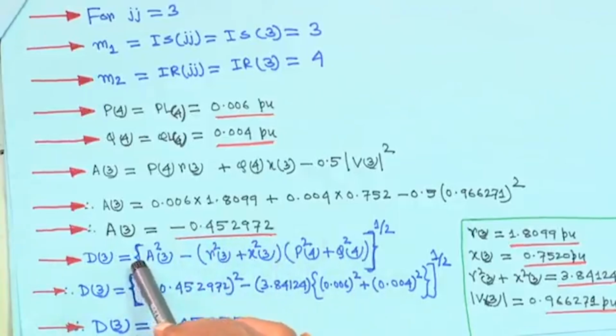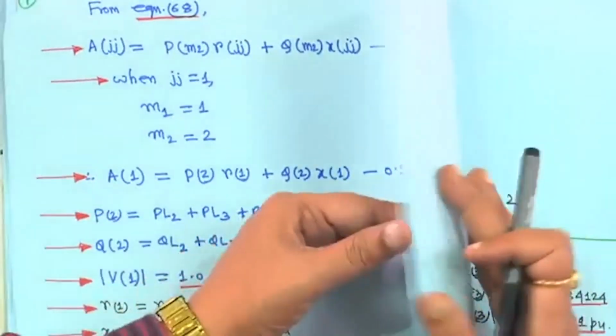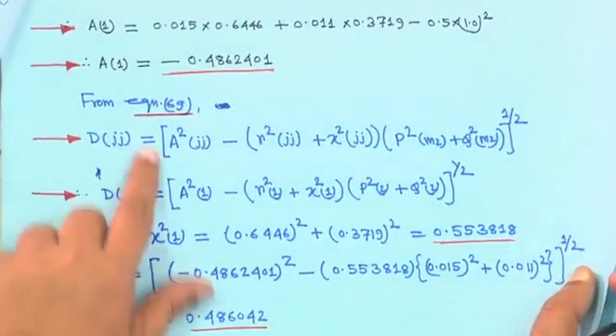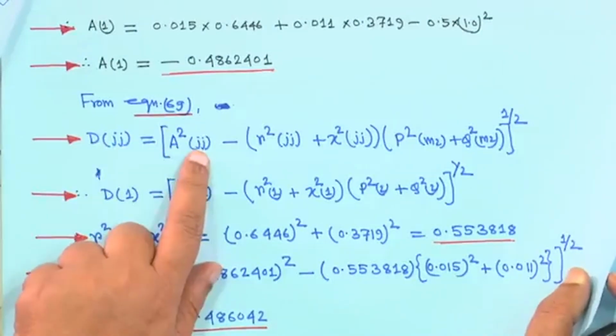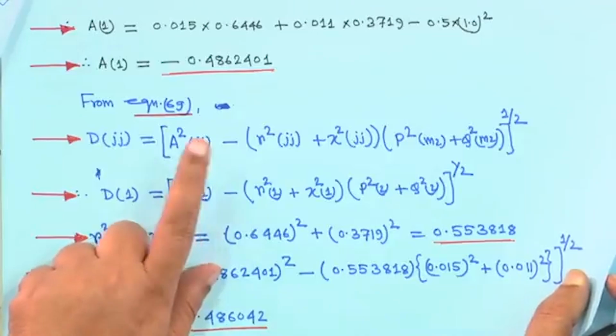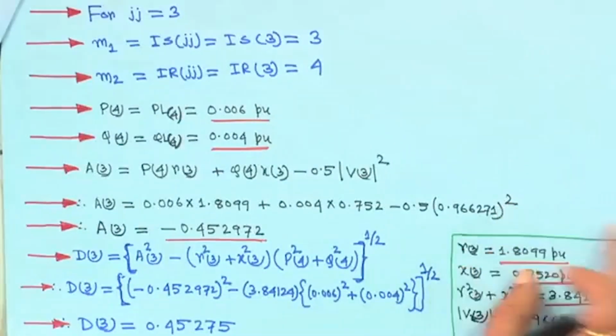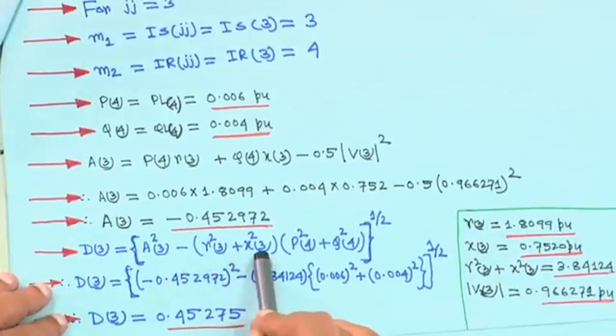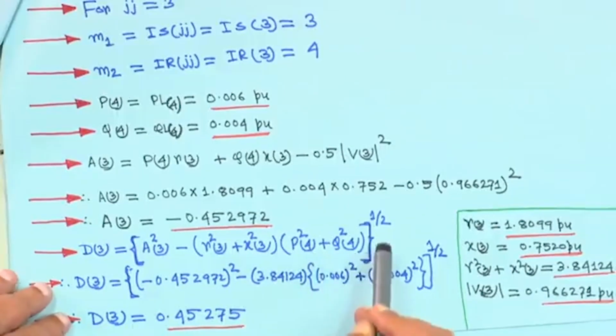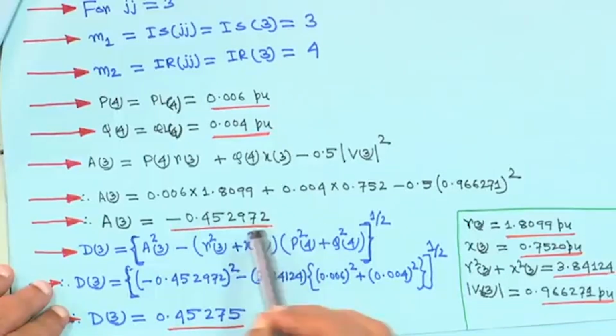Similarly, from equation 69, the expression of D jj, here you put jj equal to 3, m2 equal to 4, m1 equal to 3. So, D 3 will be (A 3 square minus (R 3 square plus X 3 square) into (P 4 square plus Q 4 square)) to the power half. Put all these values.